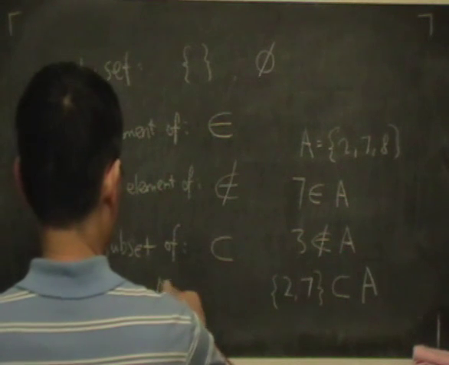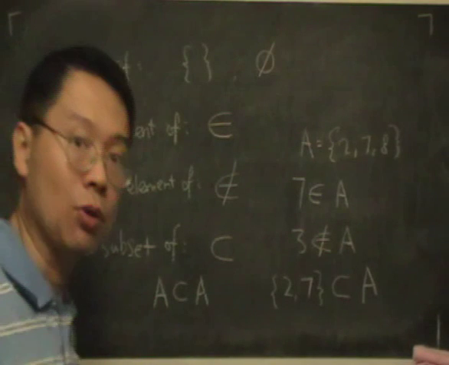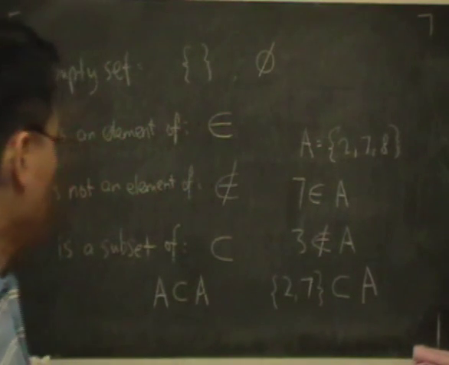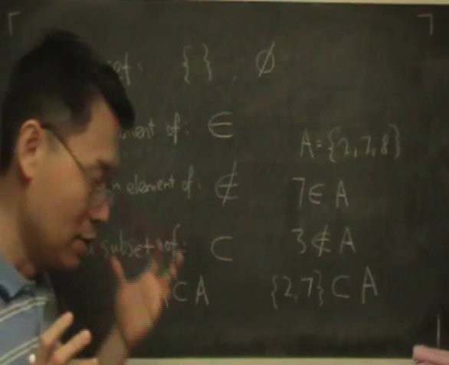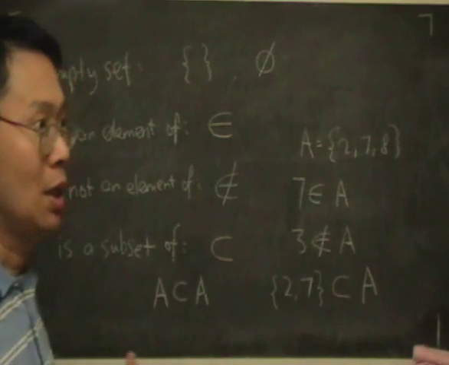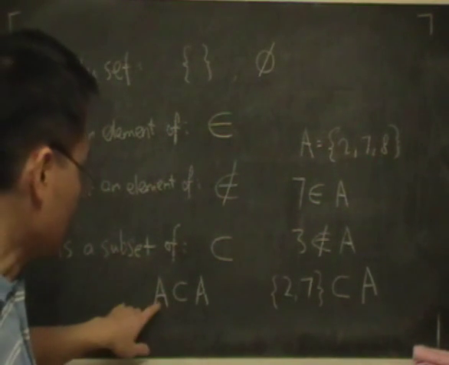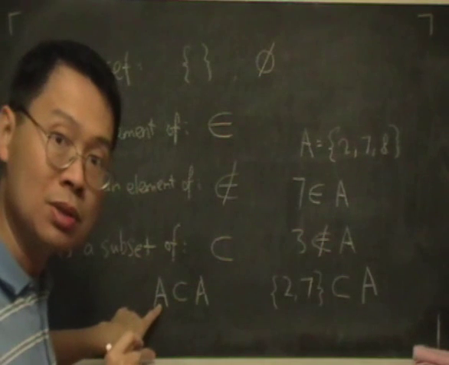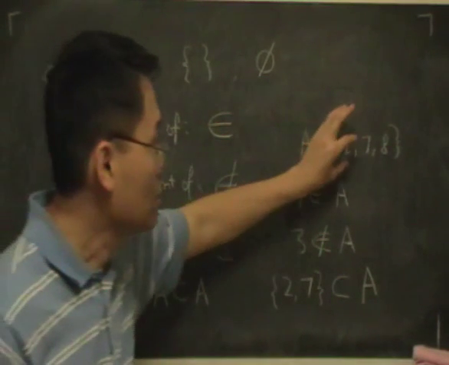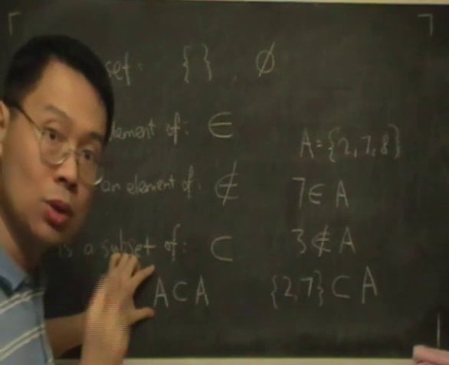These are special cases. A itself is actually a subset of A. Alright, that's because of the way the meaning of the word subset is defined. It just means as long as I have a set whose elements are all inside A, then that set is called a subset.